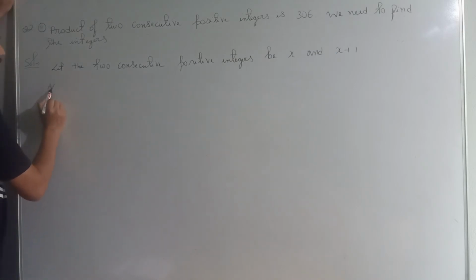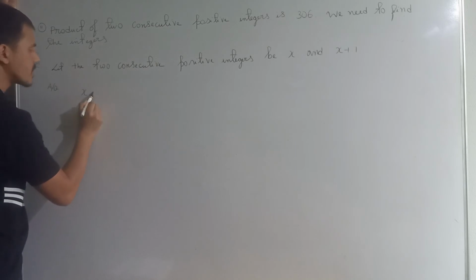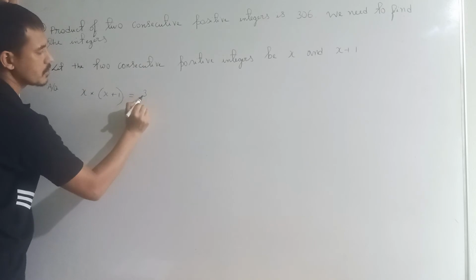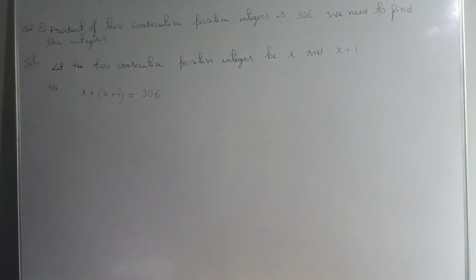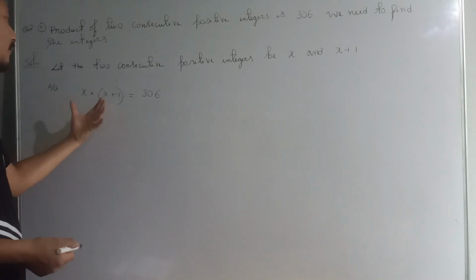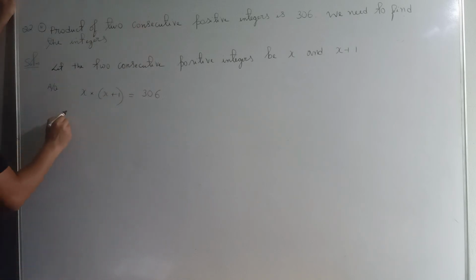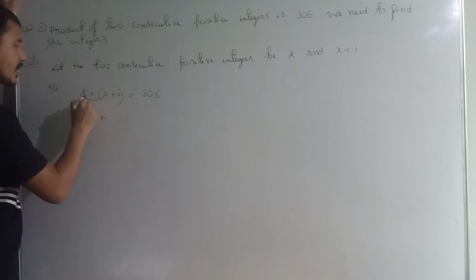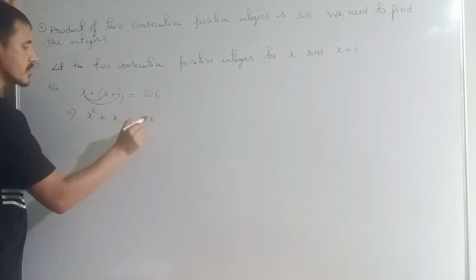So according to the question, the product of the two integers, x times x plus 1, is equal to 306. See, our aim is not to find x, our aim is just to form a quadratic equation from the given situation. So here x times x will be x square plus x times 1 is x, equal to 306.